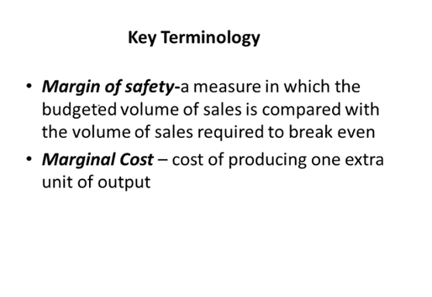Then the term called margin of safety, a measure in which the budgeted volume of sales is compared with the volume of sales required to break even. Marginal cost, as we have seen already a number of times earlier, is the cost of producing one extra unit of output.